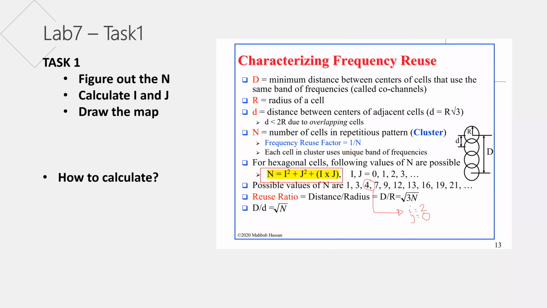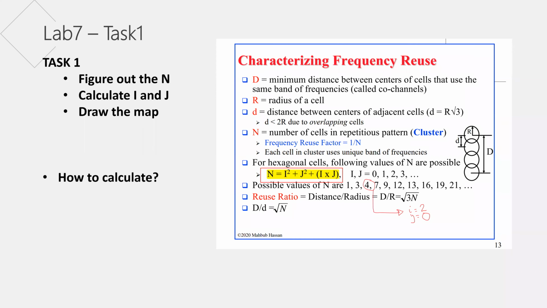So for I in range 10, and for J in range 10, if N equals the equation, which is this one, plus I multiplied by J, then we can print it.